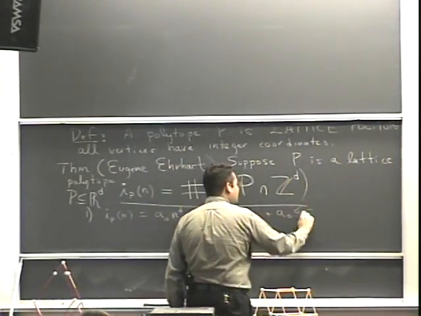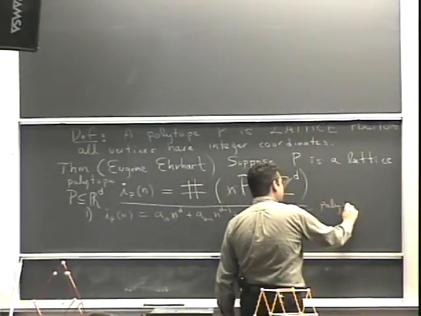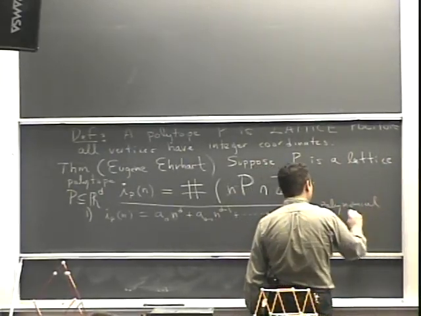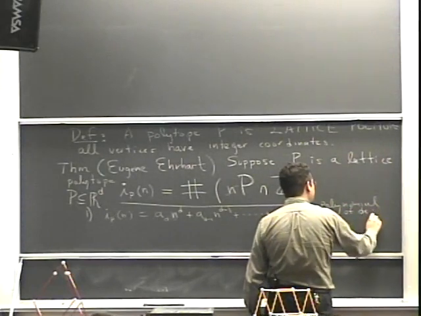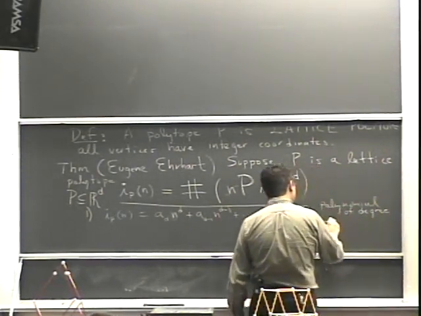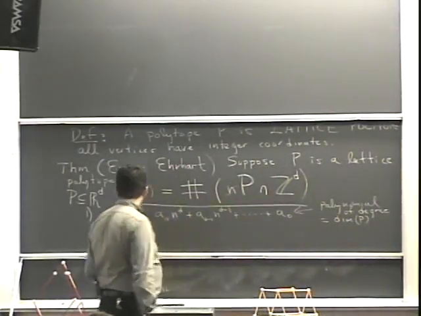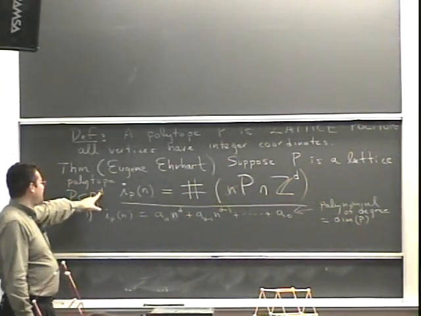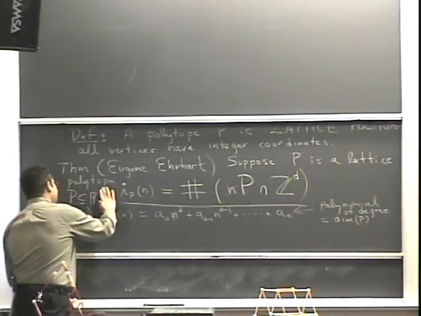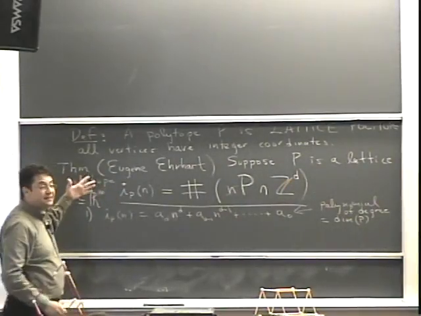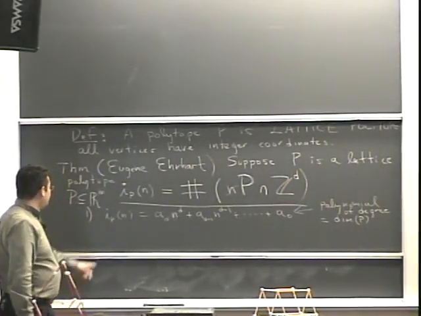So this is a polynomial of degree equal to the dimension of the polytope. I said that the polytope is inside d dimensions, but you can say this is inside m dimensions. It doesn't have to be inside the same dimension. So that's the first thing.